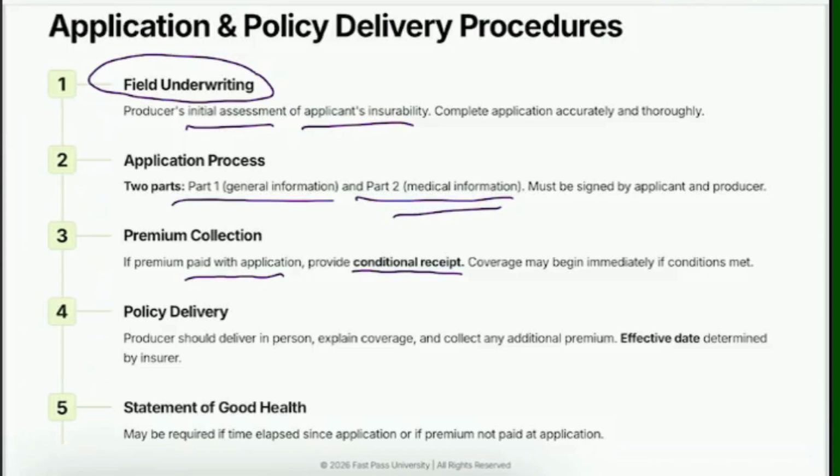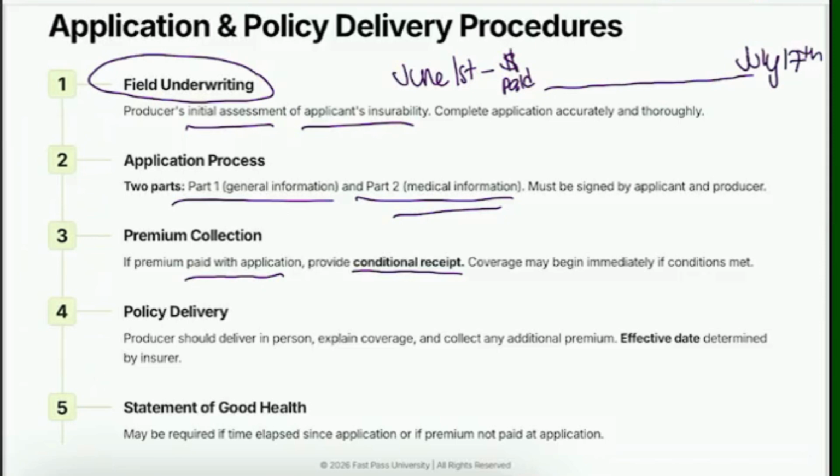But let's say that somebody bought this policy on June 1st, right? They filled out the application and they paid the premium. They paid that first month premium. And it's going through underwriting and it gets approved on July 17th. Okay.